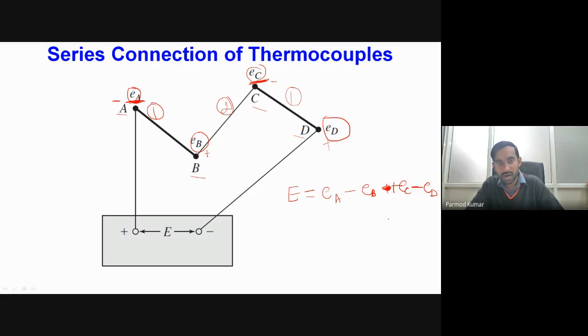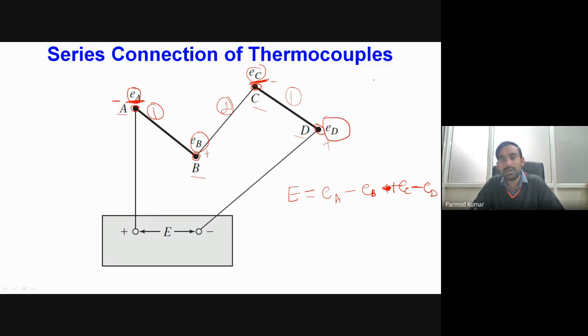Okay. Now, from this series circuit, the final EMF will be coming from this type of arrangement. But the only issue is that we are now having four different junctions. Obviously these four different junctions will be having some value of the temperature.